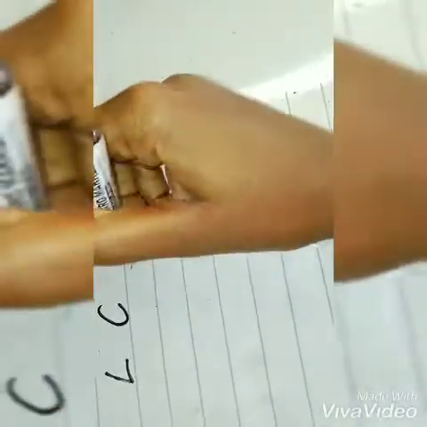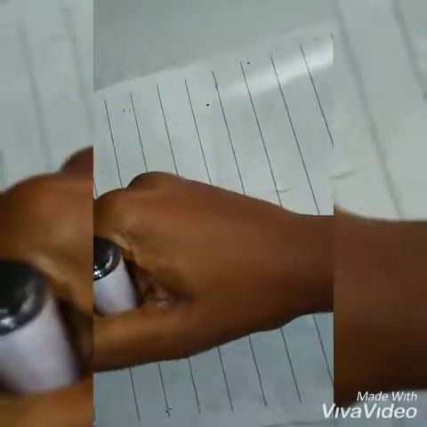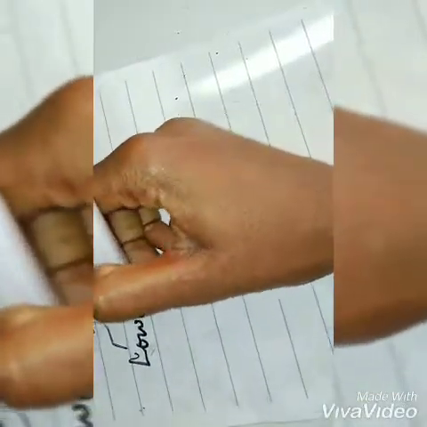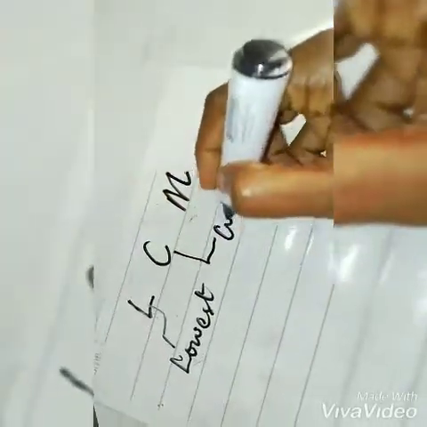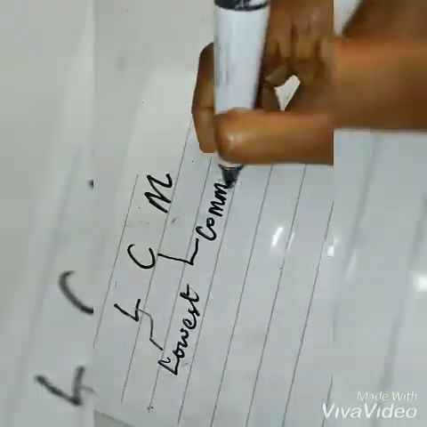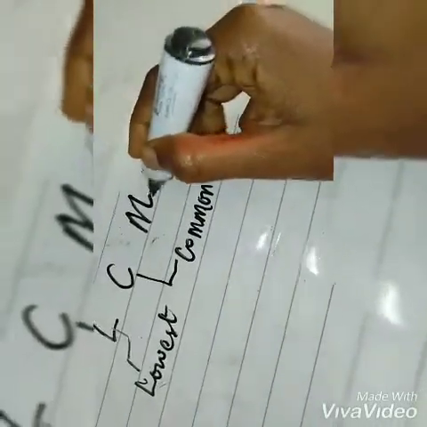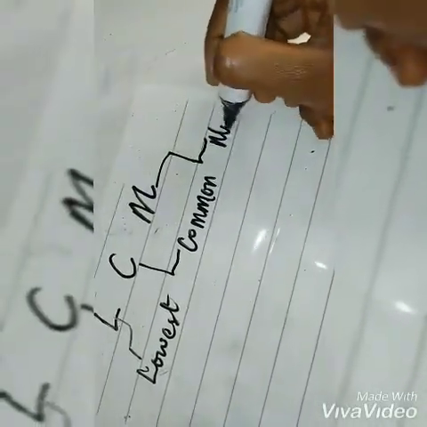My name is Ada, and in this video I'll be teaching about LCM and how to find the LCM of two or more numbers. Now, what does LCM mean? LCM simply means lowest common multiple.